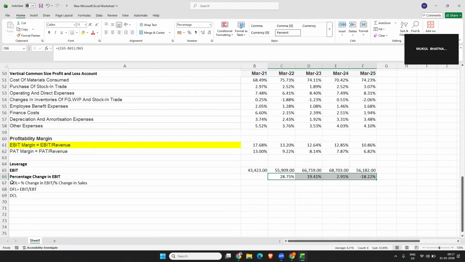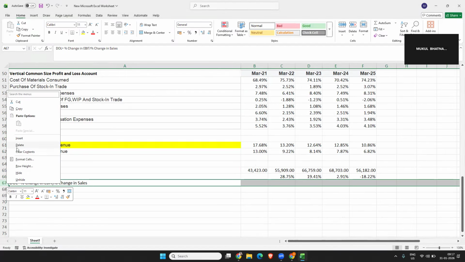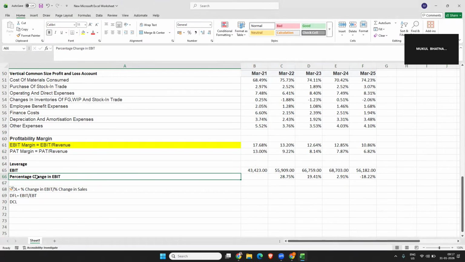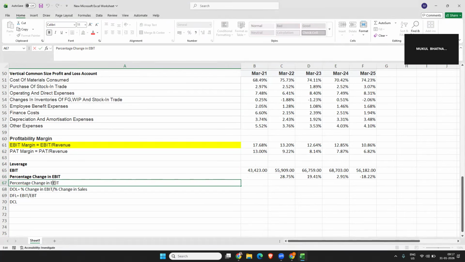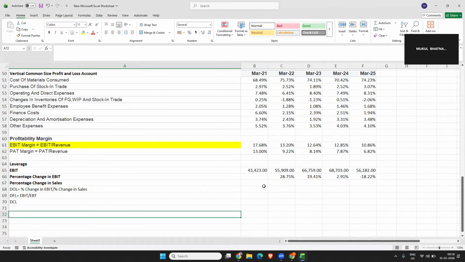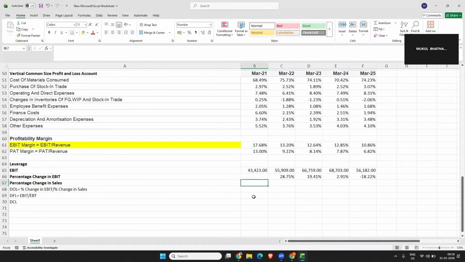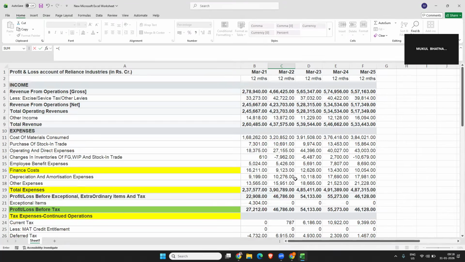And I also need percentage change in sales. So I will make one more row, and I will calculate percentage change in sales equal to, not here because change will be there from second year onwards, equal to current sales minus previous sale divided by previous sale, bracket start, current sales.